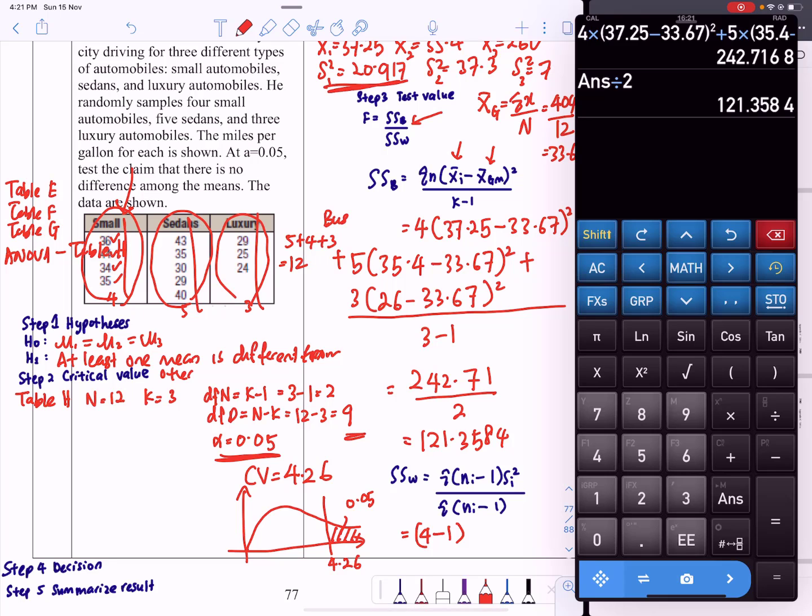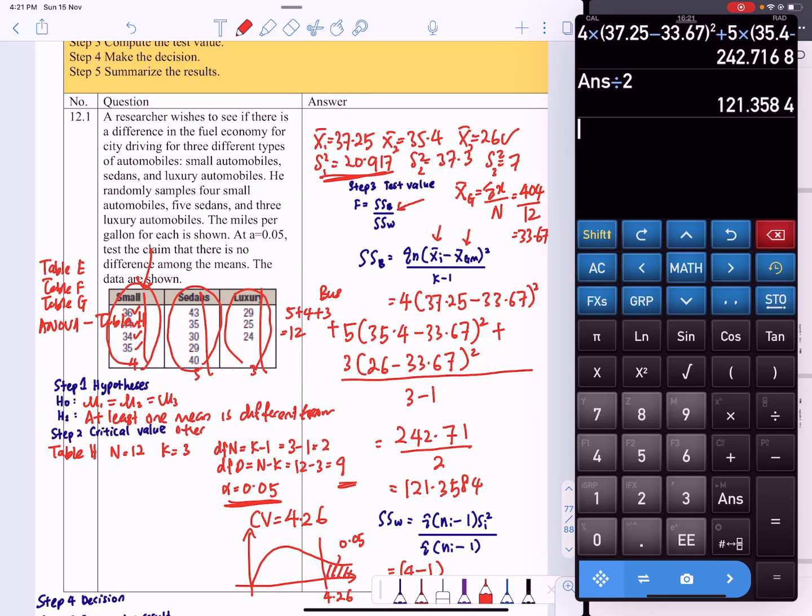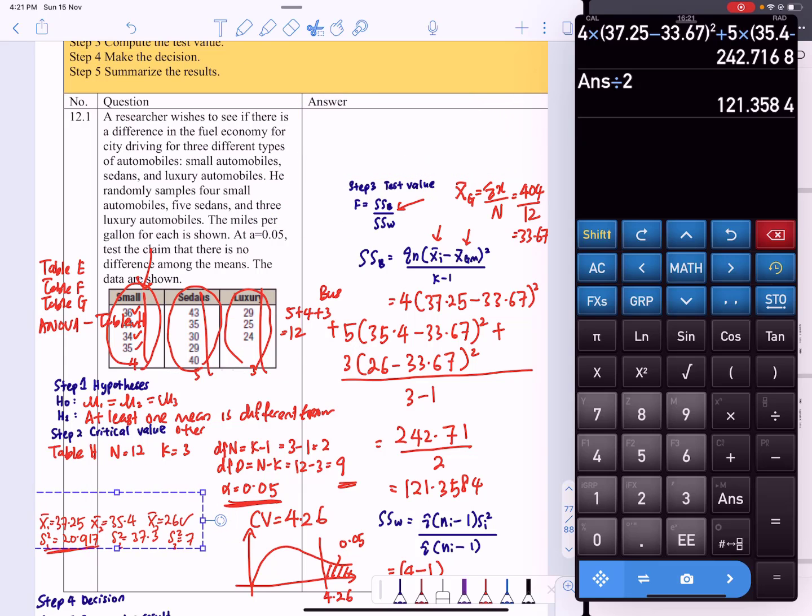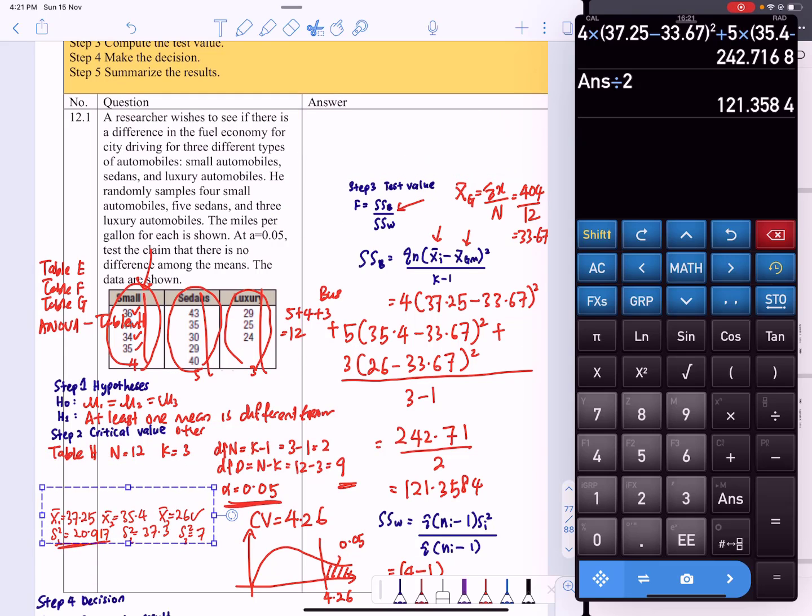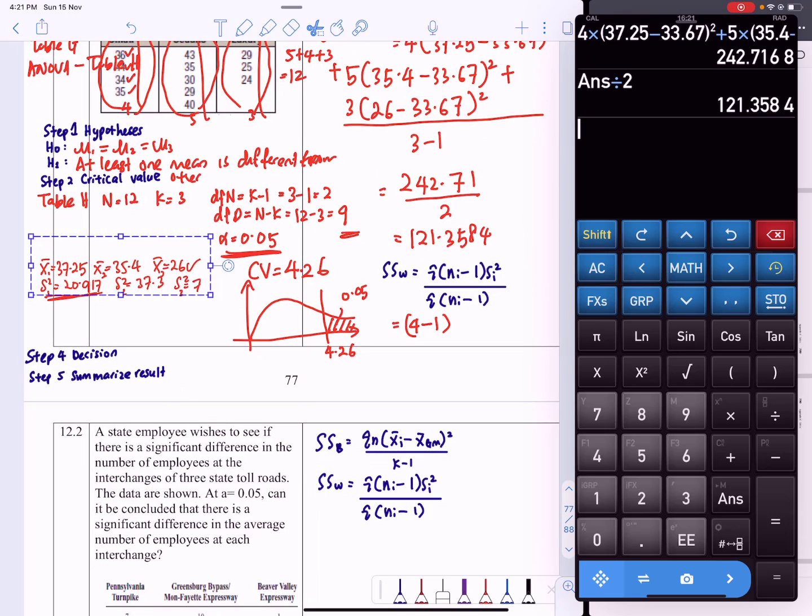This one, variance 20. I put it here lah, so that we can easily see. 20.917 plus 3 minus 1, 37.3.